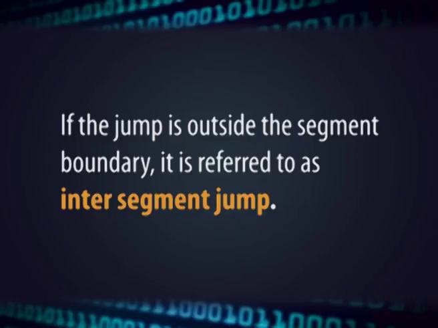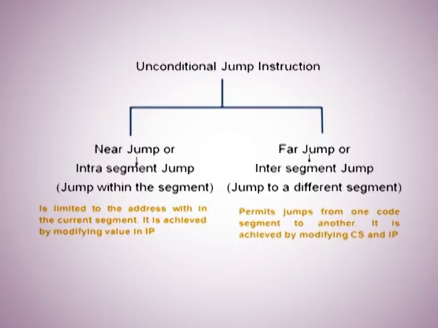If the jump is outside the segment boundary, it is referred to as inter-segment jump. The inter-segment jump permits jump from one code segment to another and therefore requires the modification of contents of both the registers, code segment as well as the instruction pointer register.